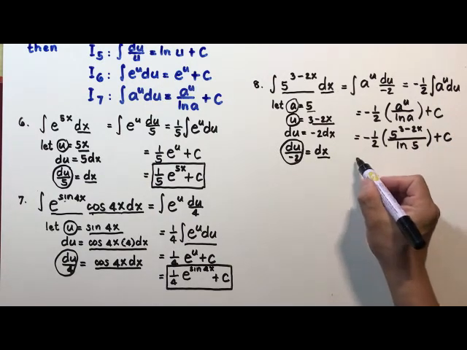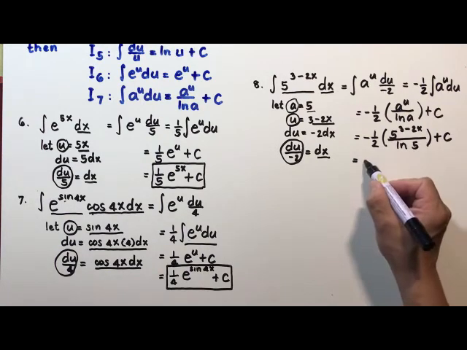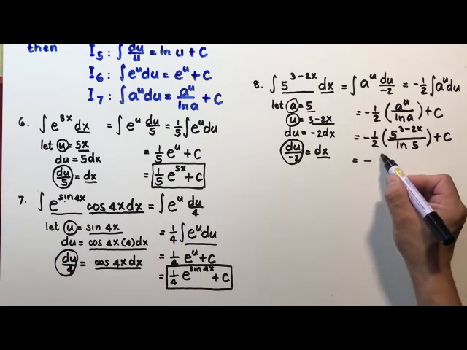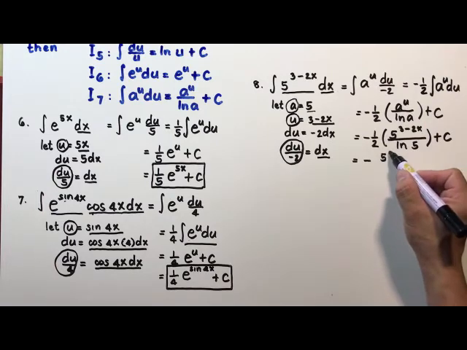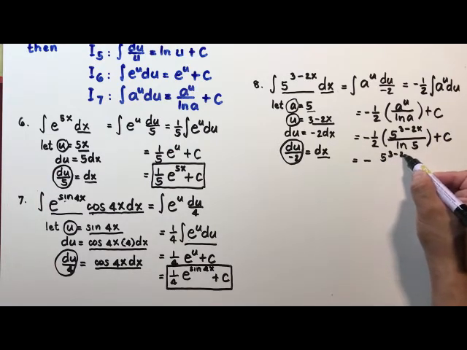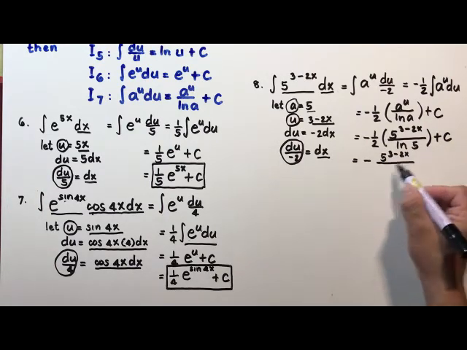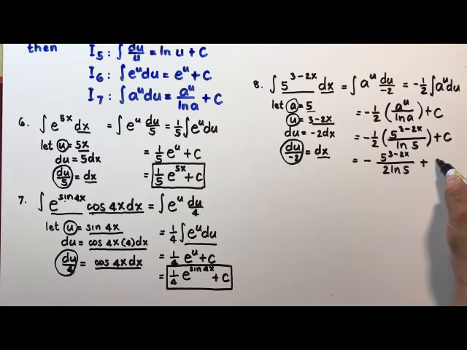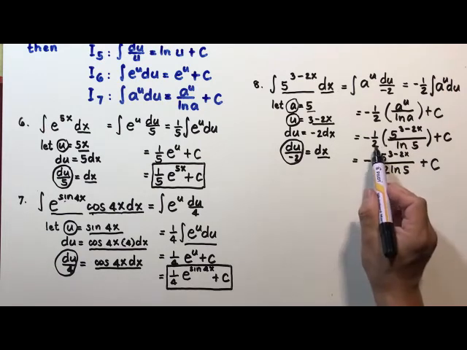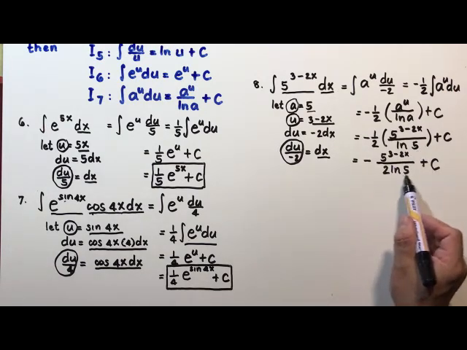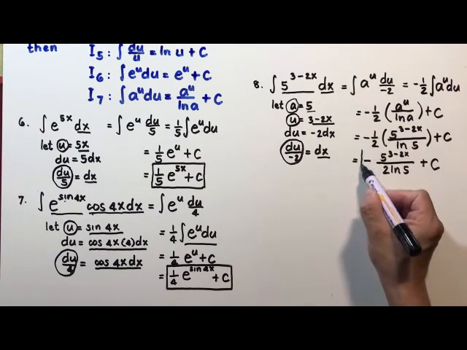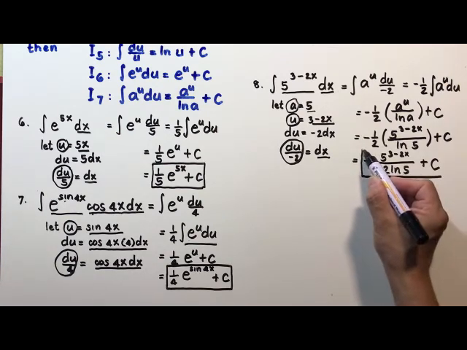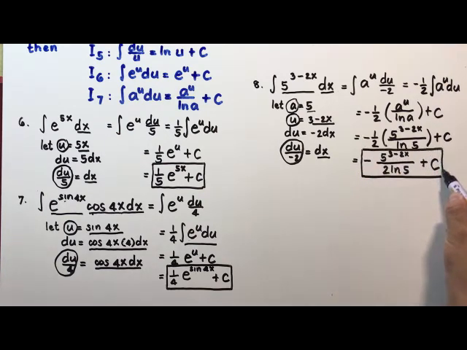Or we can rewrite this as the negative of the fraction 5 to the exponent 3 minus 2x over 2 times the natural log of 5 plus the constant of integration c, because 2 times the natural log of 5 is this. So this is our answer for our example number 8.